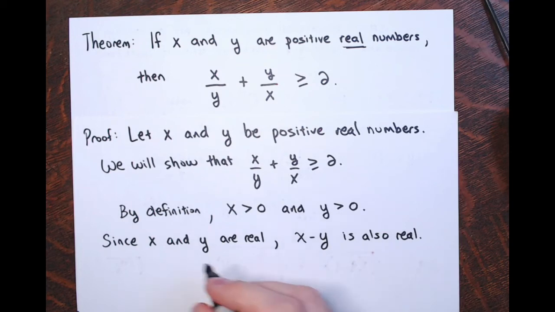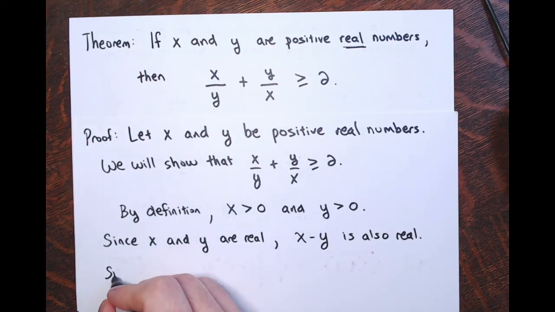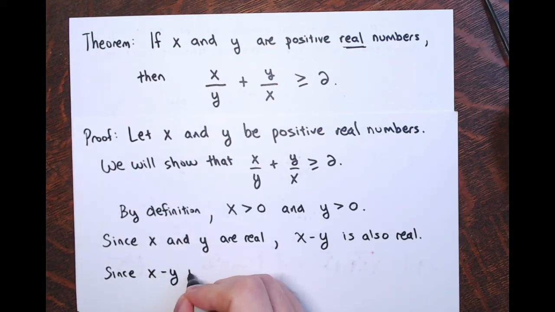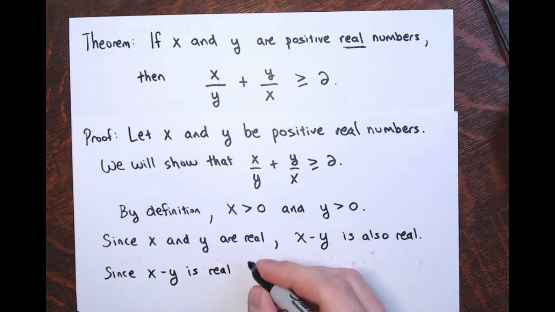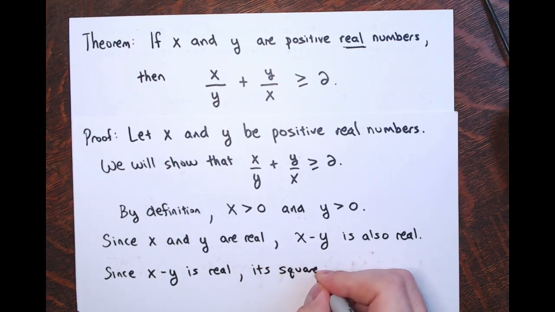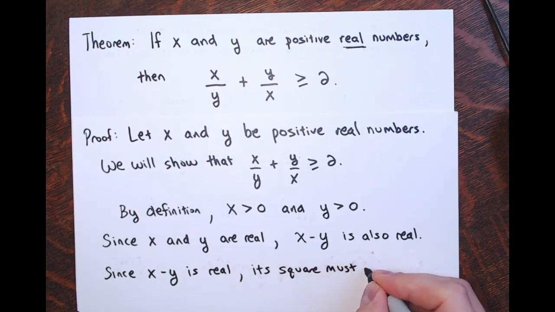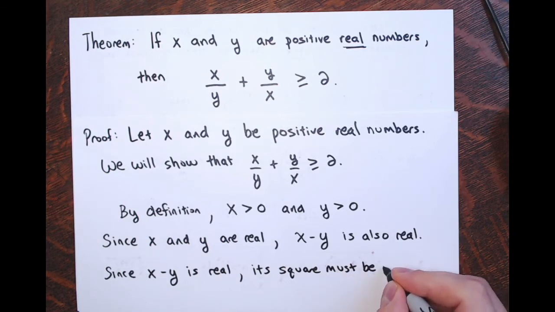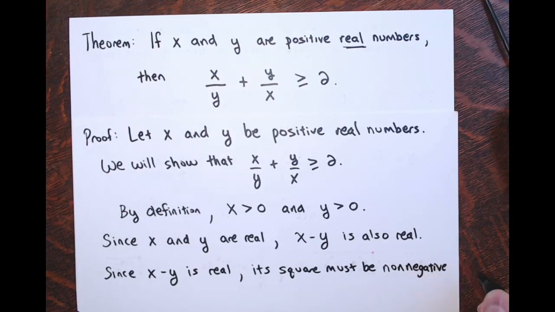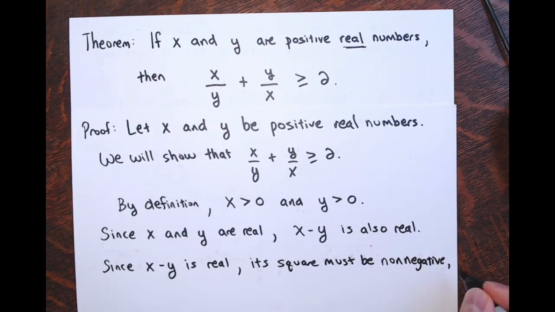So x minus y is also real, and then since x minus y is real, its square must be non-negative, meaning the following: that x minus y squared must be greater than or equal to 0.